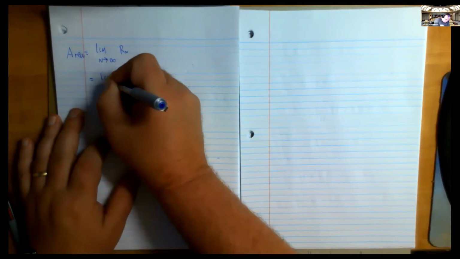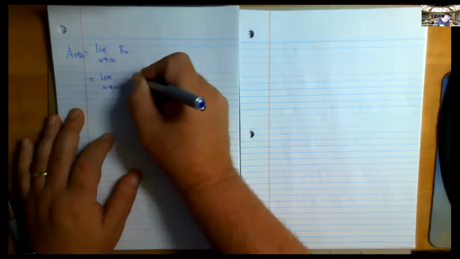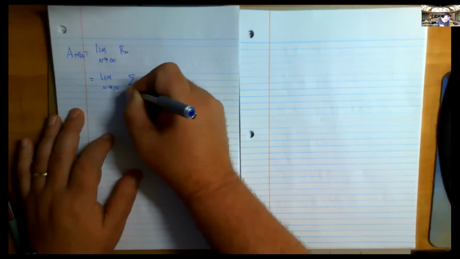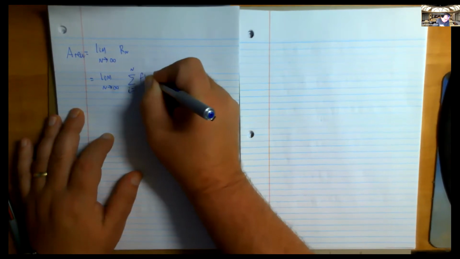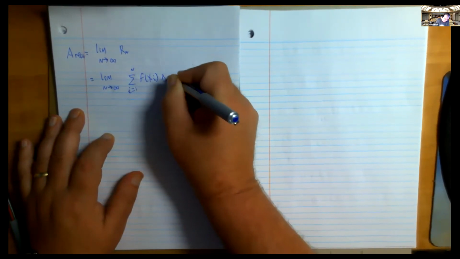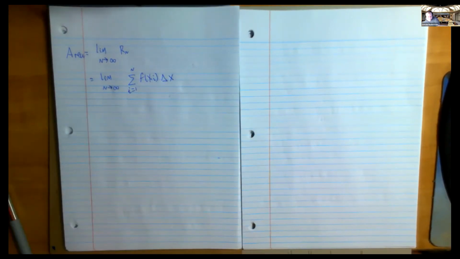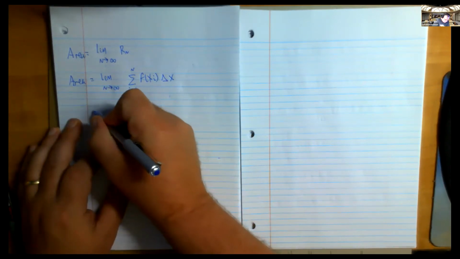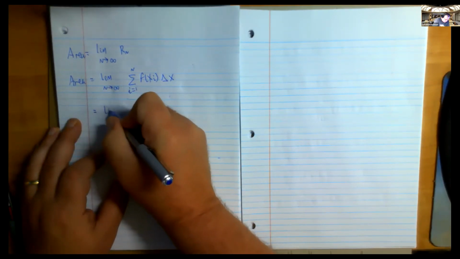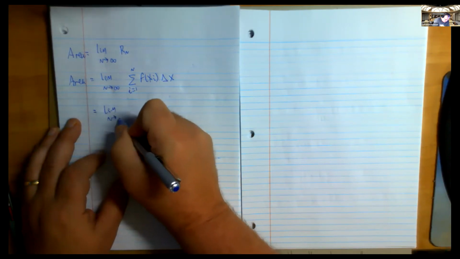Now, that becomes the limit as n tends to infinity of sigma i equals 1 to n of f of xi delta x. So the exact area under a curve, if we were using our delta x, would be this. So suppose I told you this.